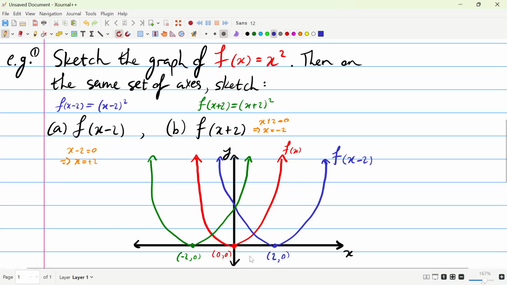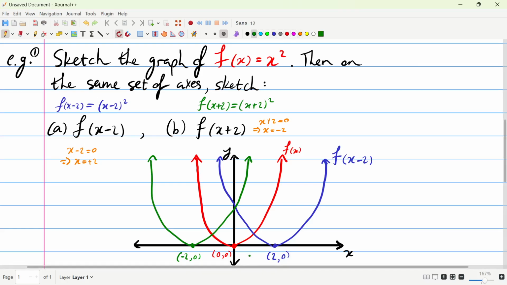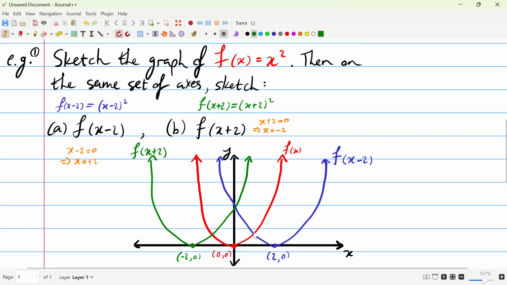And then the green one is going to be f of x plus 2. Okay. So this is what we mean by translations and shifts, right? This is the translating graph, and we are going to be shifting to certain units. And if it was a case where we had a q value, we would shift it vertically.